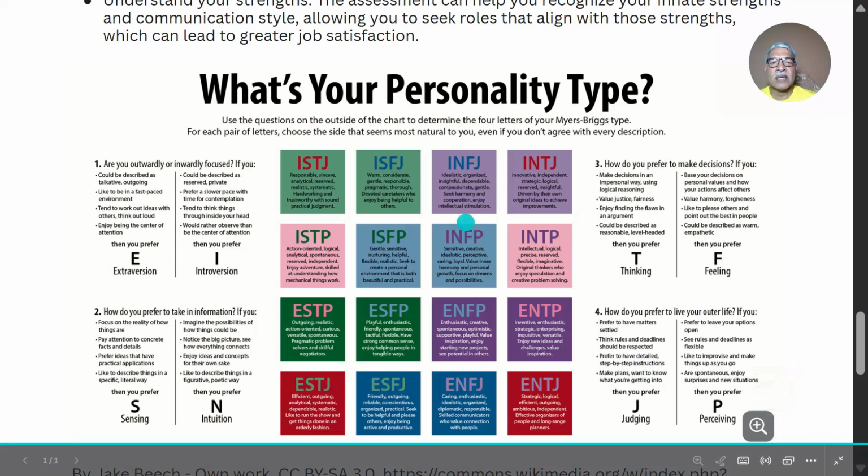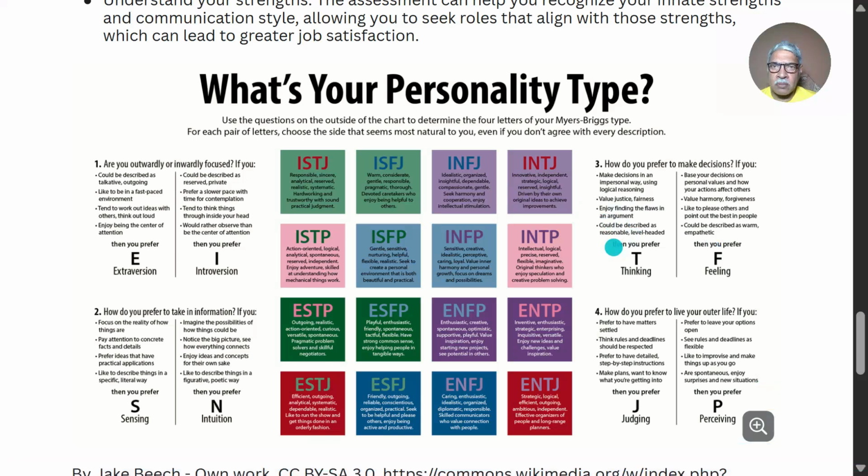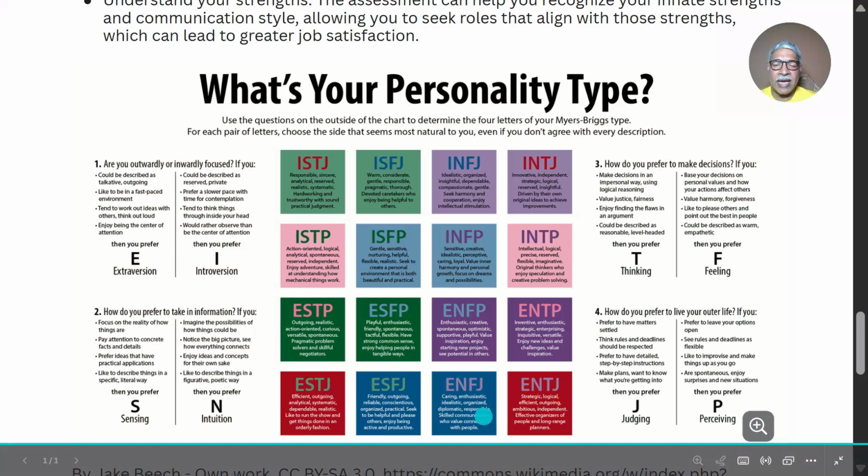Based on these letters, suppose you are an ISFJ person, that means you are a warm, considerate, gentle, responsible person. Suppose you are an ESFP person, then you are playful, you are enthusiastic, you are friendly. And if you are an ENFJ person, you are caring, you are enthusiastic, you are organized, and you are diplomatic.